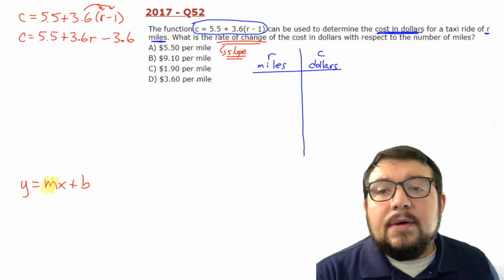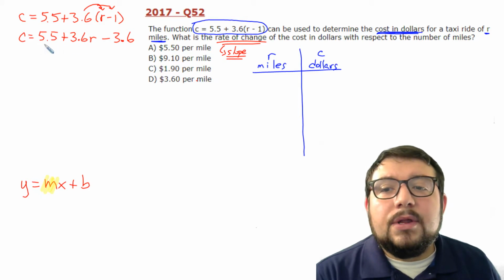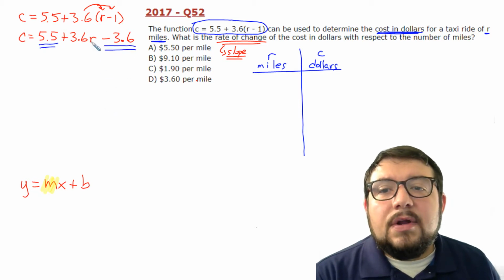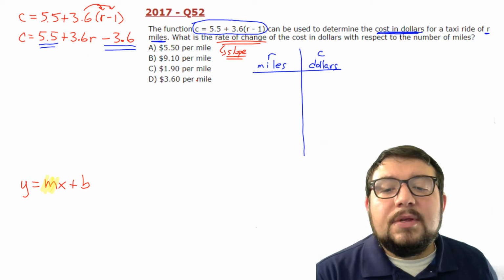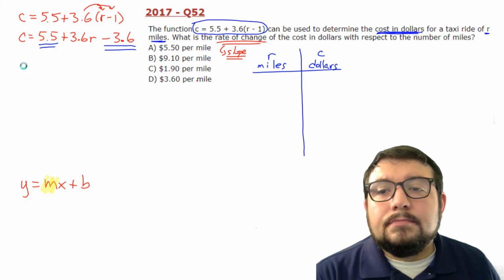Now I can combine like terms. I have one term with an r, and that's the only one with an r, so I cannot combine it with anything else. But the 5.5 and the negative 3.6 don't have a variable component, which means I can combine them. So I'm going to leave the positive 3.6r alone and move it to the front.